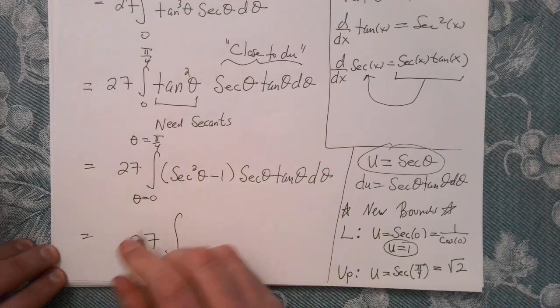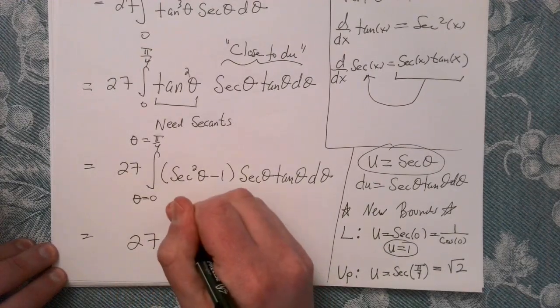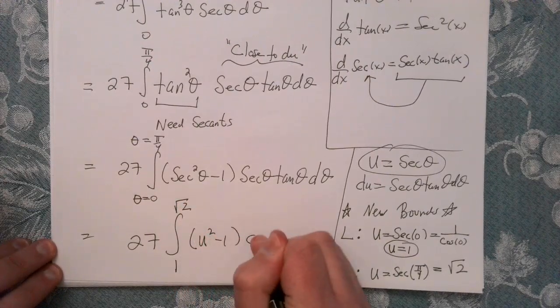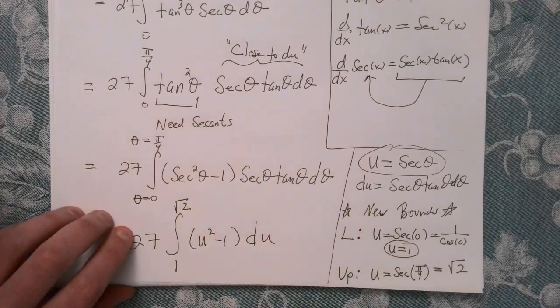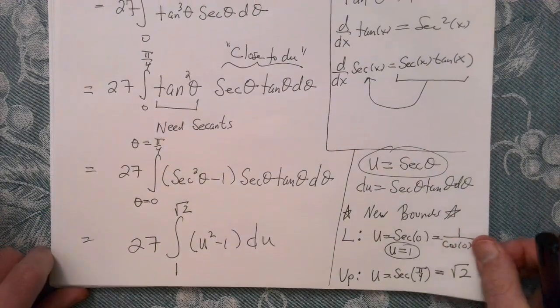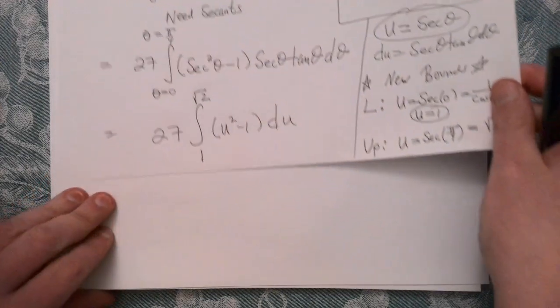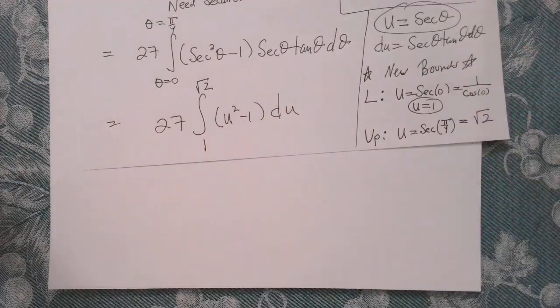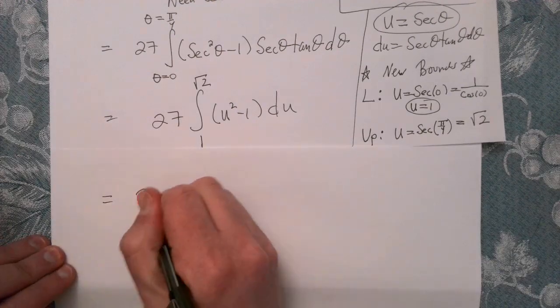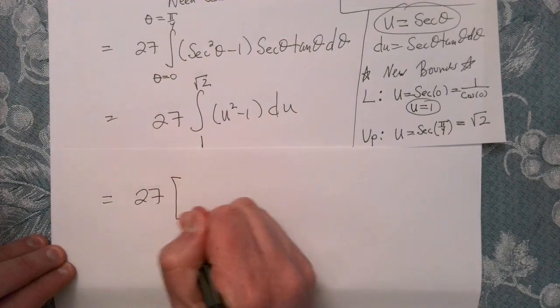So I've got 27. I've got the integral from, it looks like from 1 to radical 2, u squared minus 1 du. So that seems pretty good, I think. So that's 27.